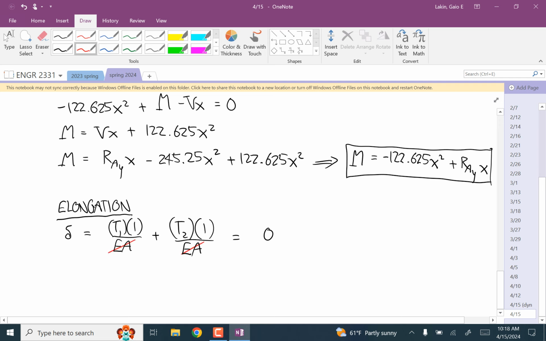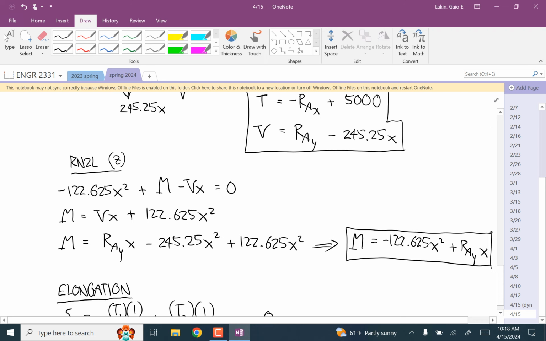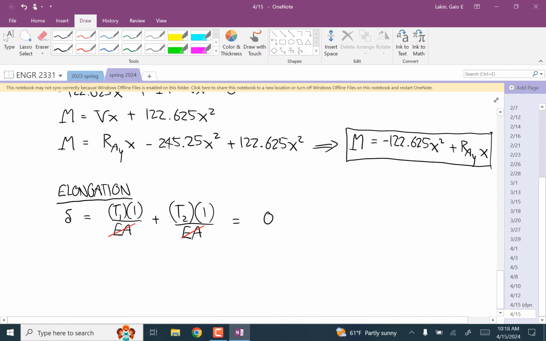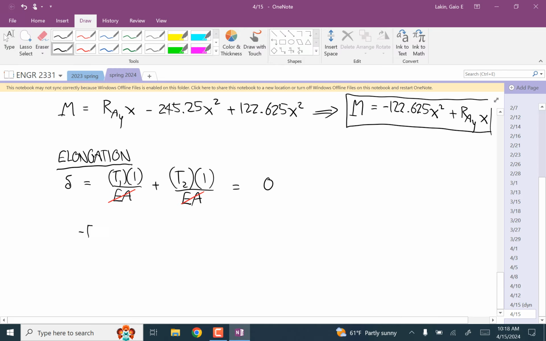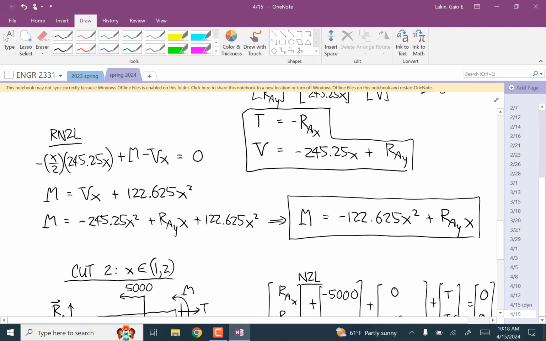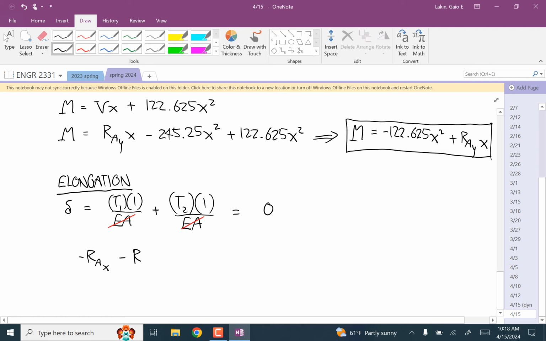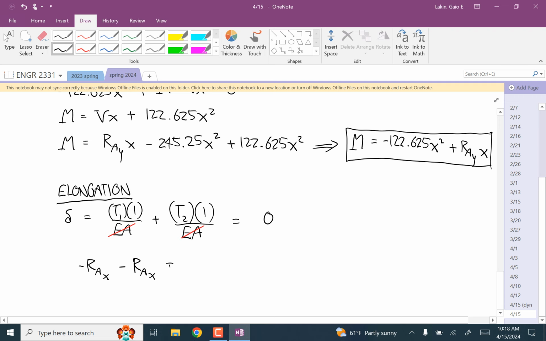Sometimes you do need them, but in this case we don't. And so this equation comes out to be negative RAX minus RAX plus 5,000 is equal to 0.